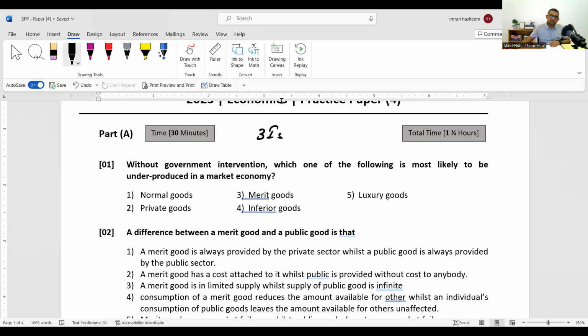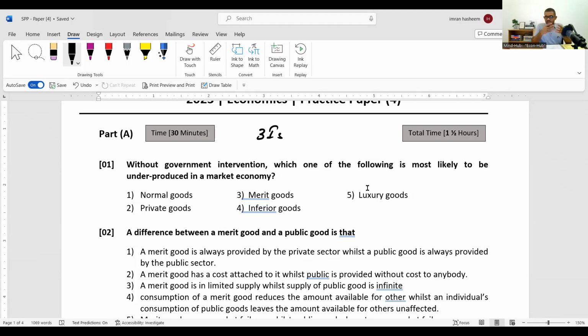Therefore, the market system fails to recognize external benefits and external costs. The price mechanism doesn't consider social cost and social benefits. As a result, we will always see in a market economic system, especially merit and demerit goods. Merit goods, when consumed, create positive externalities. Demerit goods, when consumed, create negative externalities.